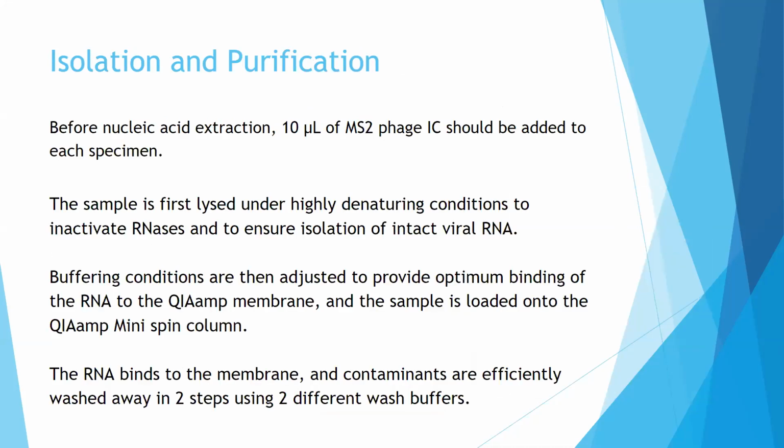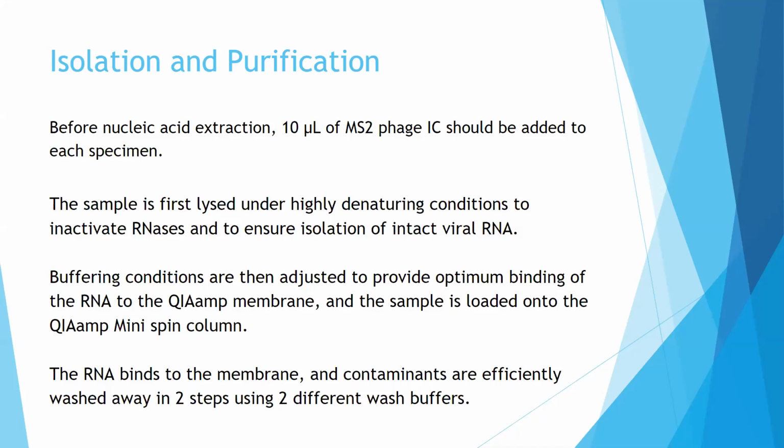Once the swab is obtained, nucleic acids are isolated and purified. After purification, the PCR system is used to amplify the nucleic acid. To conduct RNA extraction, 10 microliters of a bacteriophage is added to the specimen.